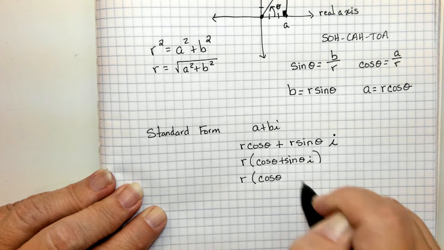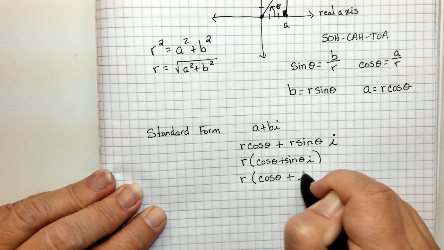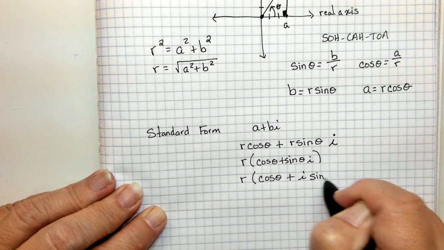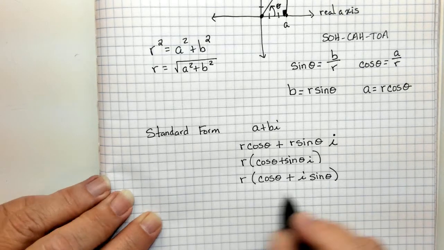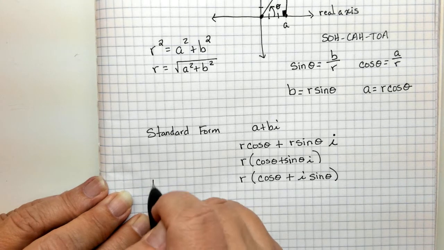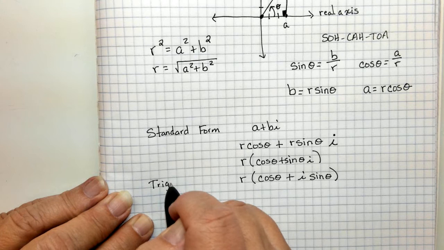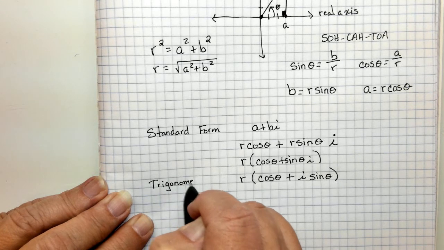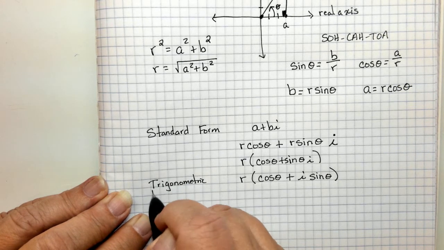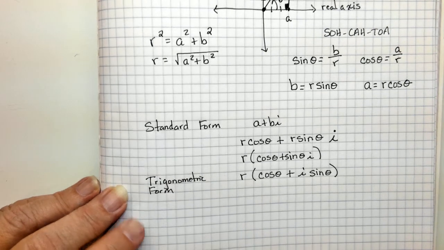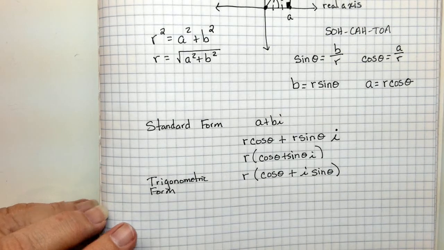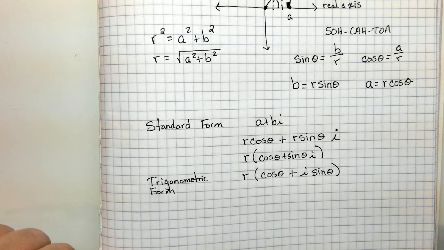So it's cosine theta plus i times sine theta. And so this is what is referred to as trigonometric form of our complex number.